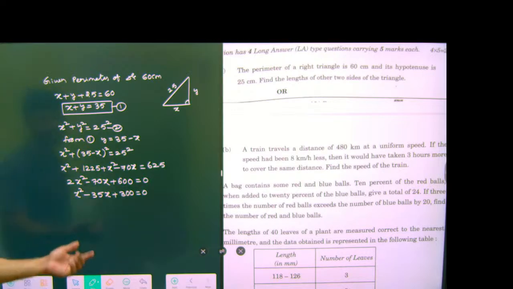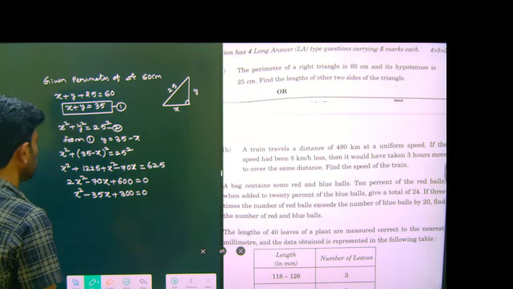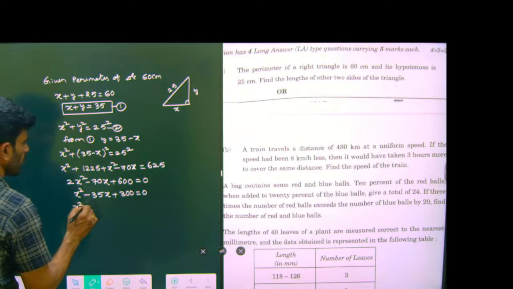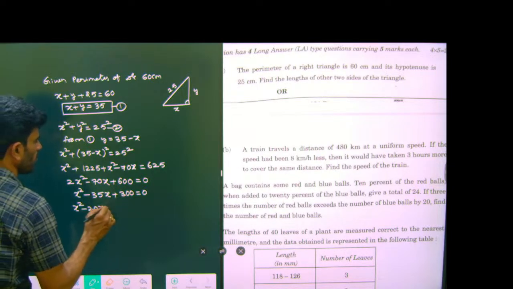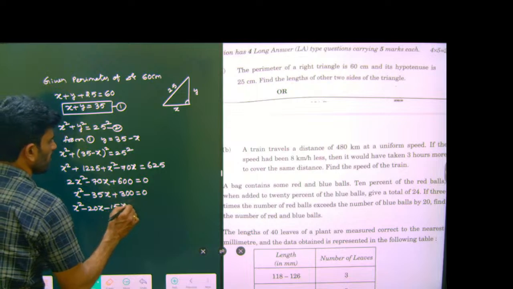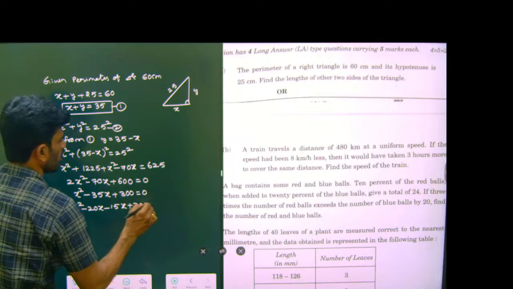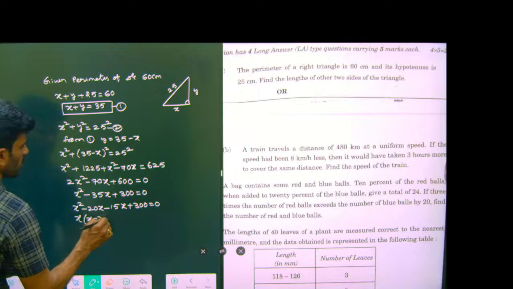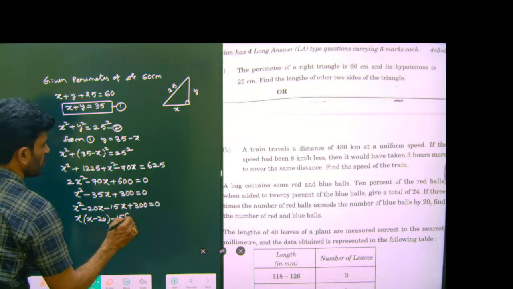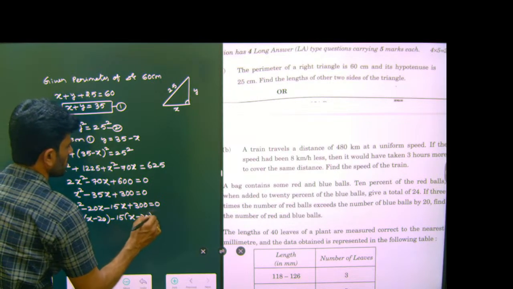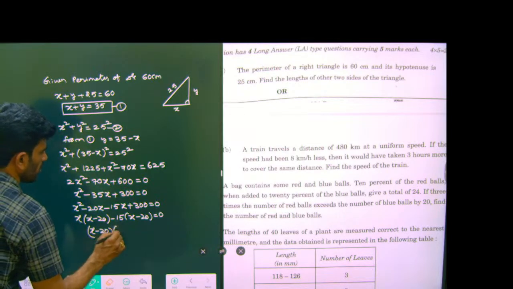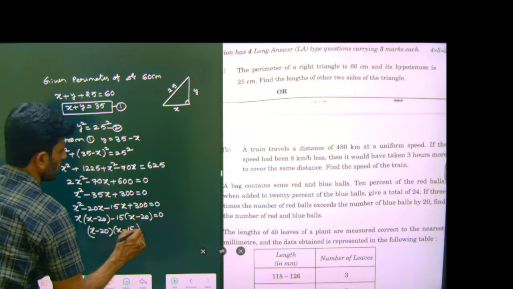Now 300 factors such that 35, 20 and 15, 20 into 15, 300. So x square minus 20x minus 15x plus 300 is equal to 0. Now x common, x minus 20, minus 15 common, x minus 20 is equal to 0. Now x minus 20 is common into x minus 15 is equal to 0.